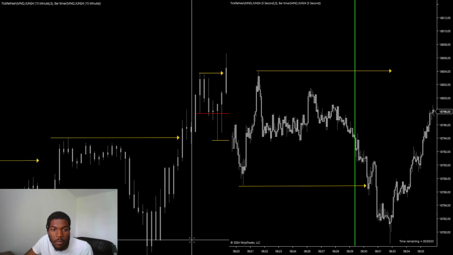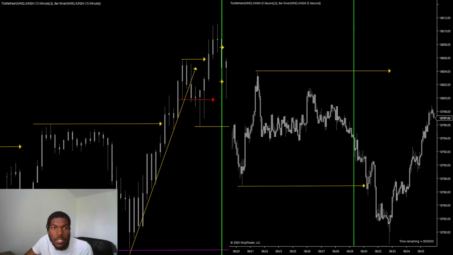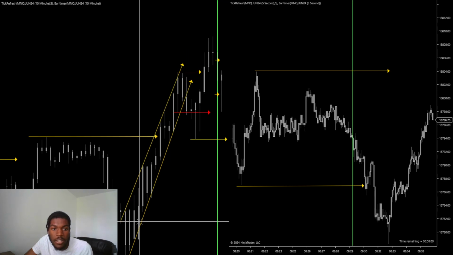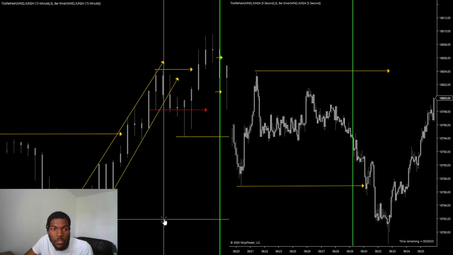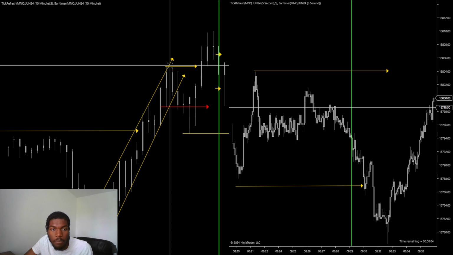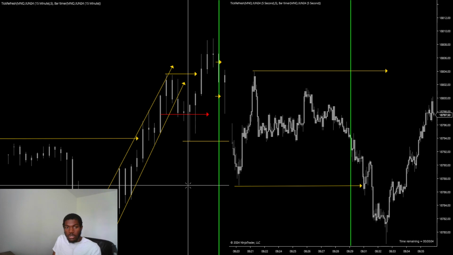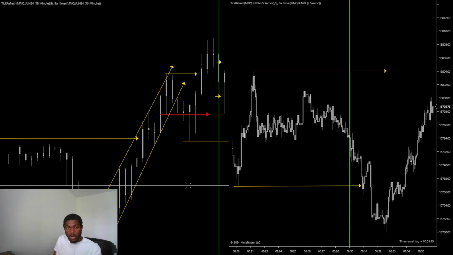From there, I know that on the lower time frame, we're in a cycle of higher highs and higher lows. So on the 15-minute, I'm now tracking the last up candle. But why? I'm tracking the last up candle to get the earliest indication that chasers have now engaged in the market.